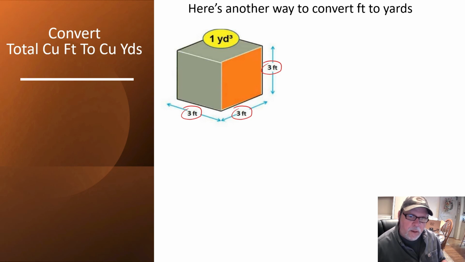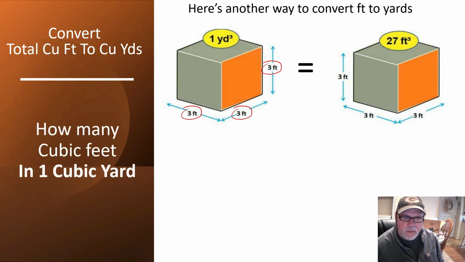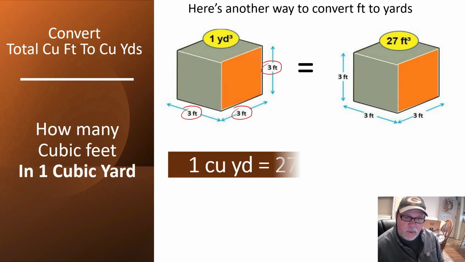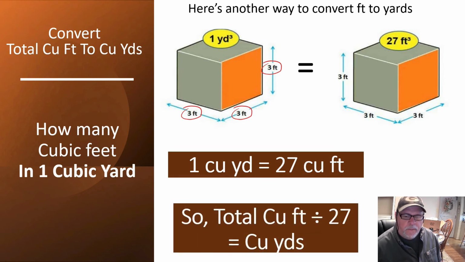So that's 1 cubic yard. 1 cubic yard equals 27 cubic feet, because it's 3 times 3 times 3. How many cubic feet in 1 cubic yard? 27. So to get how many cubic yards it is, if you had 100 and something cubic feet, you just divide that by 27 and it'll tell you how many cubic yards it is. Remember that. 27.